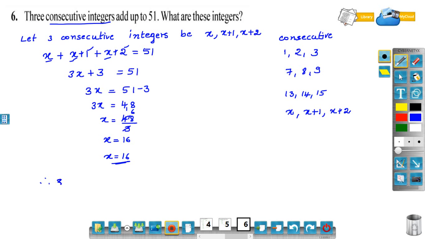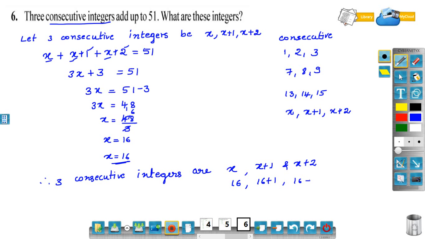Therefore, the three consecutive integers are, we have taken x, x plus 1 and x plus 2. So the value of x is 16, then 16 plus 1, 16 plus 2.